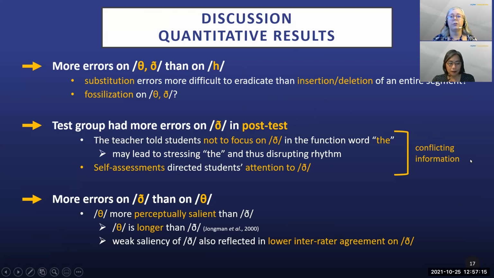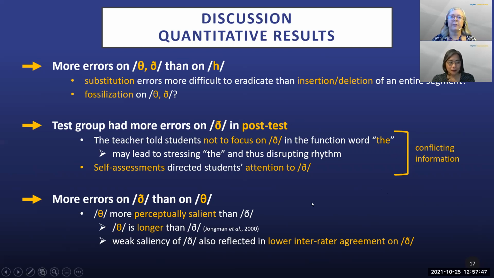The teacher told students not to focus on ETH in function words, such as the determiner the. The reason being that focusing on ETH in function words usually causes learners to stress them, which disrupts sentence rhythm. Thus, instructions to ignore ETH conflicted with the self-assessments which directed students' attention to ETH, and this may have led to some confusion, possibly contributing to the increased errors in post-test.